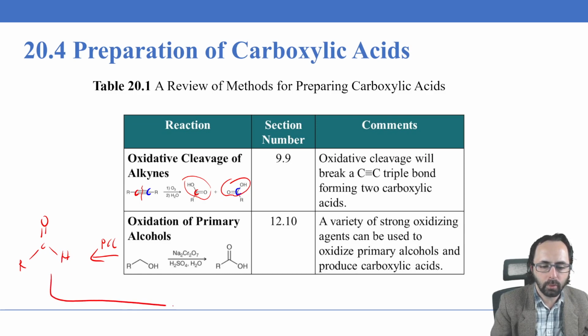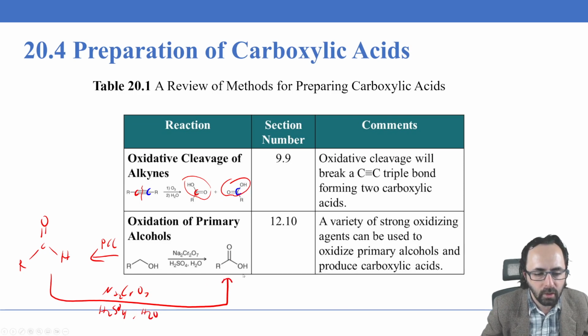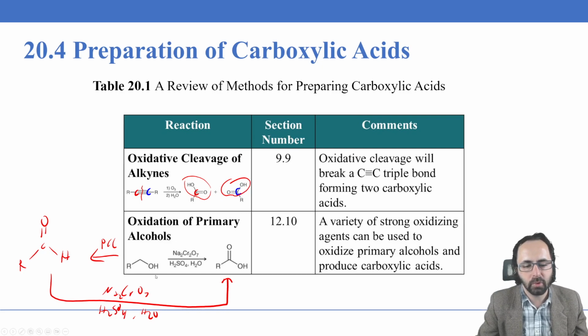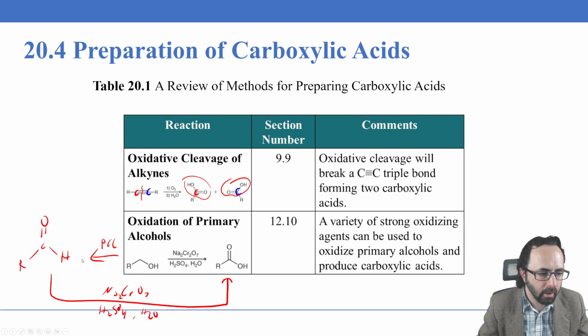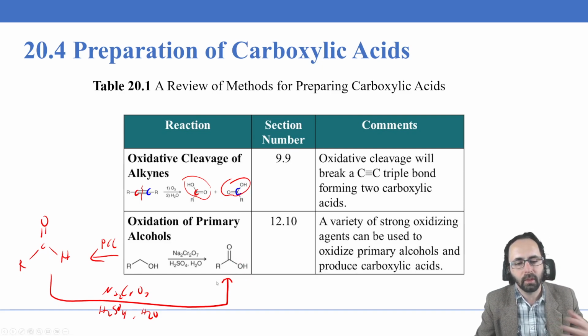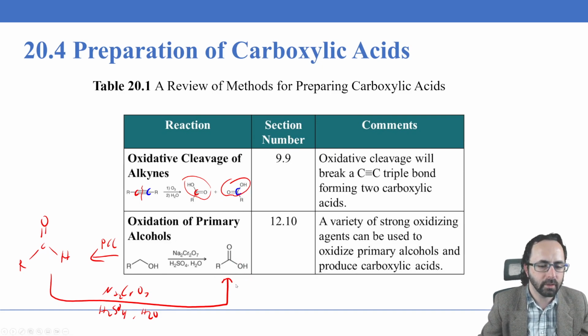But if we then use a strong oxidizing agent, such as sodium dichromate in an acidic environment, we're going to oxidize further. We can tell this is an oxidation very simply because from here to here we lose a hydrogen and we get a second bond to oxygen. More bonds to oxygens, losing hydrogens, that's oxidation. And then here, adding an oxygen atom between the carbon and the hydrogen to make the carboxylic acid is also adding oxygen atoms, so it's oxidation.